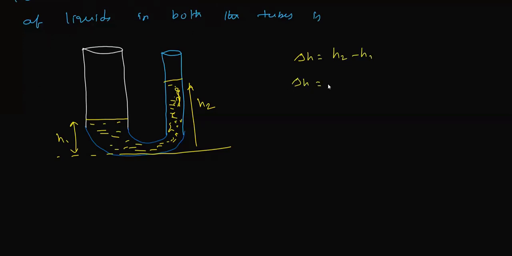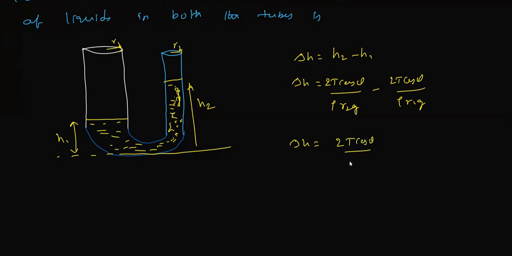Therefore, delta H equals H2 value, which we can write as 2t cos theta upon rho R2 g, minus 2t cos theta upon rho R1 g. So take 2t cos theta by rho g common, now what we can take here is 1 by R2 minus 1 by R1. So you take LCM, again you will get around the same answer.